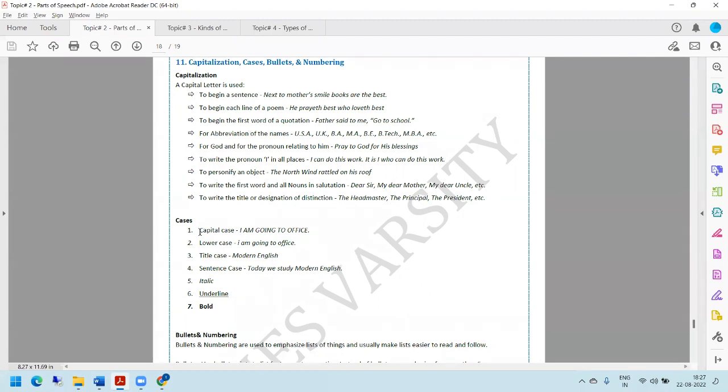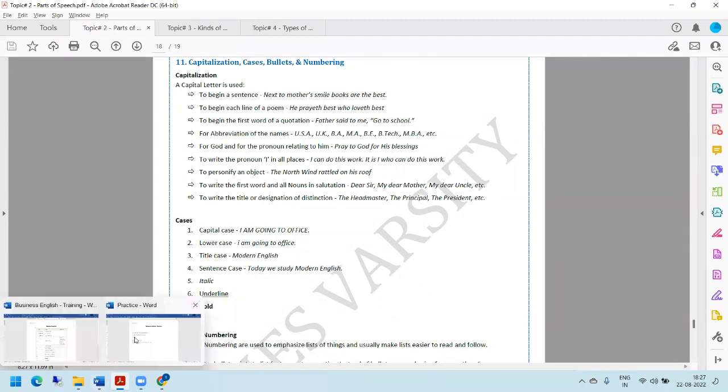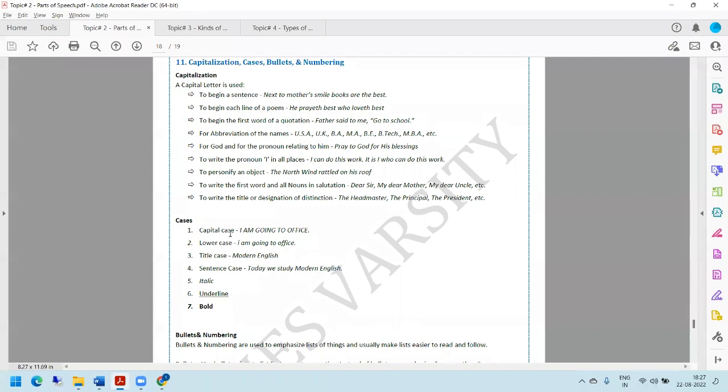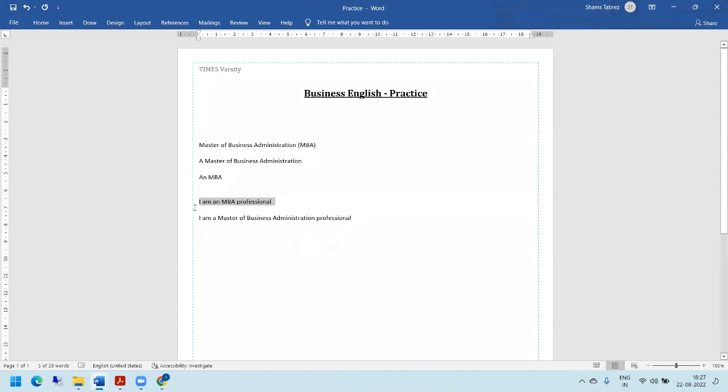Okay, so now the cases. If we go to a Word file, we have different cases available. For example, let's say this is one sentence. I can change the case of this sentence, meaning I can make capital case, lower case, title case, sentence case, italic, underline, and bold. For example, now it is normal.